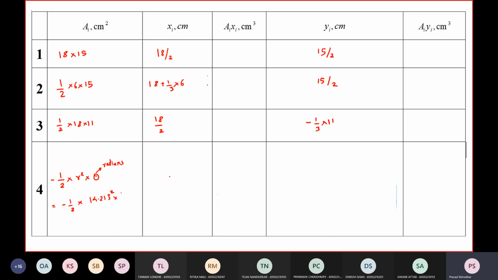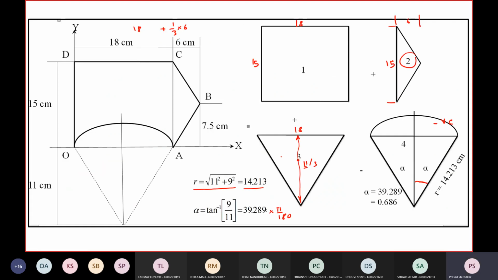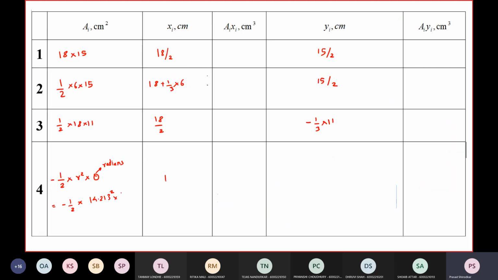Centroid x will be half of this total. Total is 18, so 18 by 2, and yi will be, now to calculate the centroid of a sector.